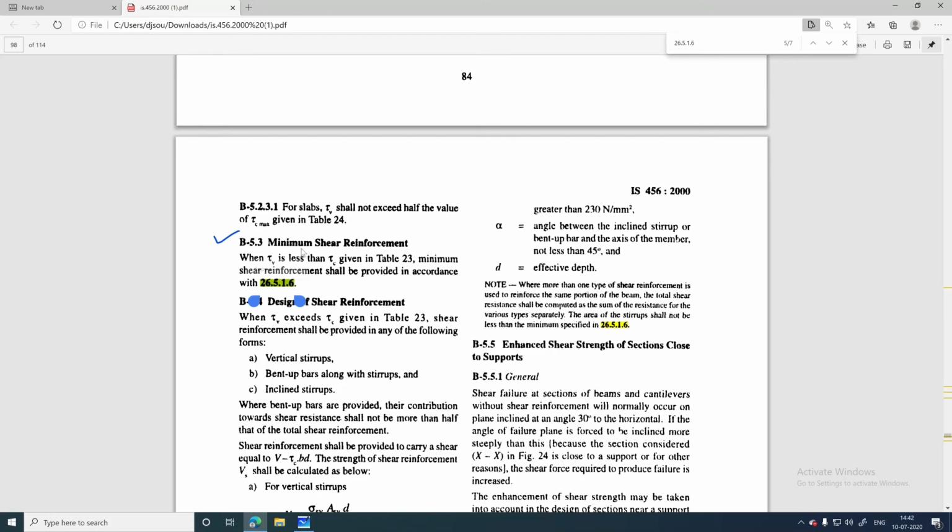Look here, what I am saying: for minimum shear reinforcement, when tau v is less than tau c, tau v we have calculated, tau c we have also calculated. Now if tau v is less than tau c, the minimum shear reinforcement shall be provided according to 26.5.1.6. So if this condition is satisfied, then we need to go for 26.5.1.6.